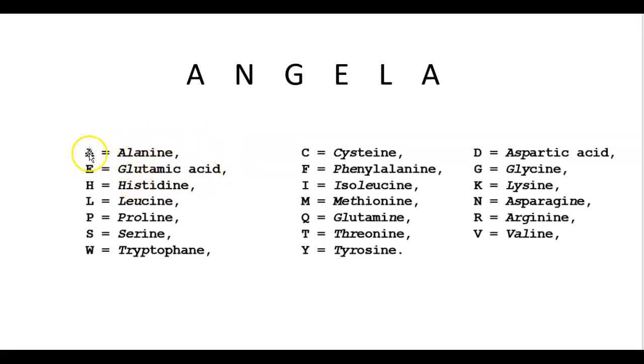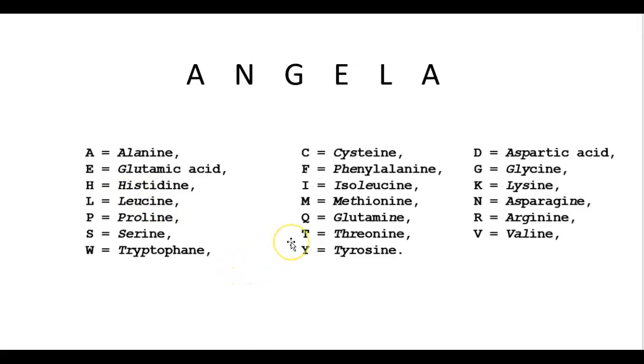So here, for example, this A in a protein sequence stands for the amino acid alanine, which is abbreviated by ALA. C stands for the amino acid cysteine, which in the 3-letter code is CYS. For example, H is histidine, which is abbreviated in the 3-letter code with HIS. And you get the gist of that.